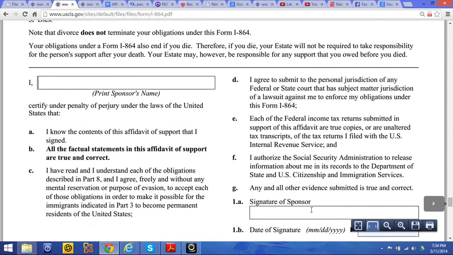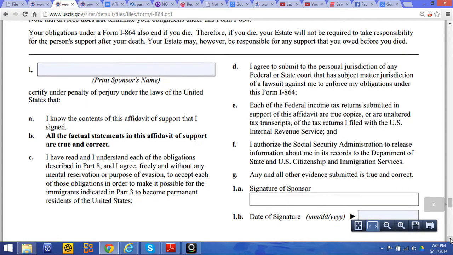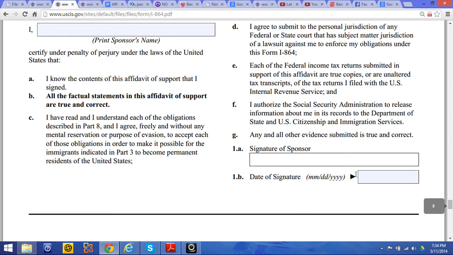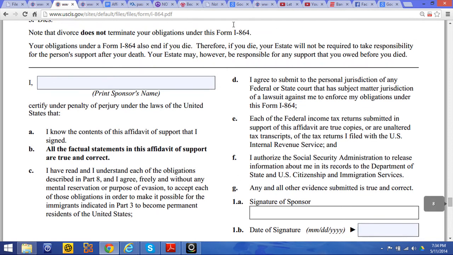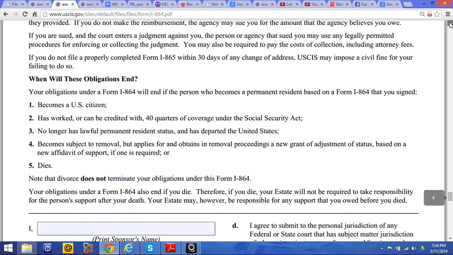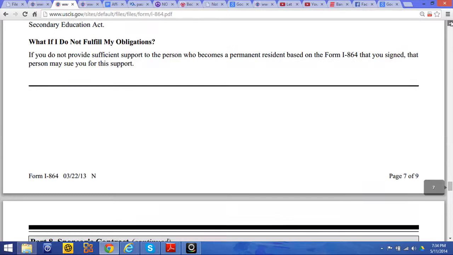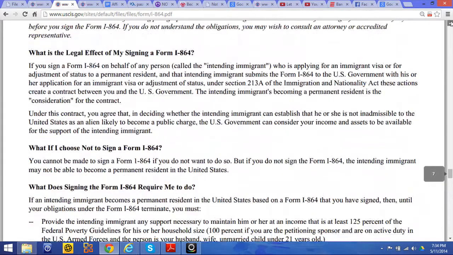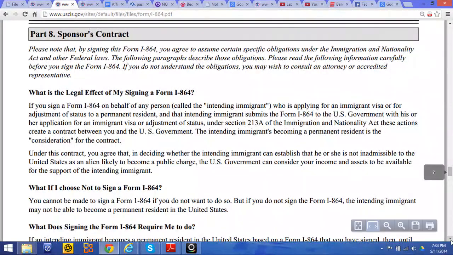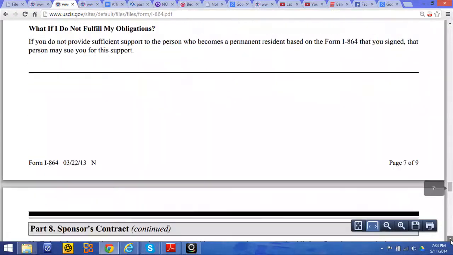Sign is really with your pen. You will use a black pen to sign, and also to put your name here. Part 8 is only about reading all the obligations that you have as a sponsor, and then here you will clearly print your name with a black pen.